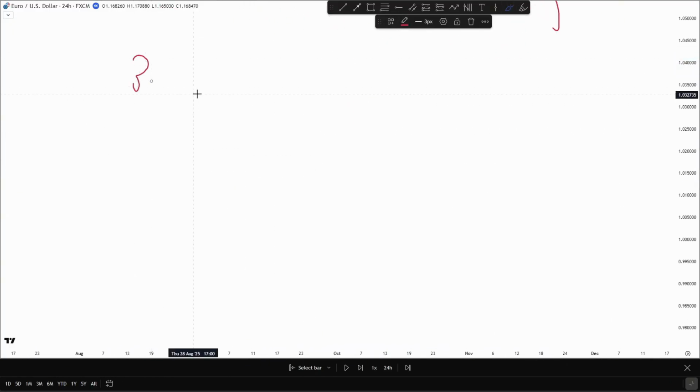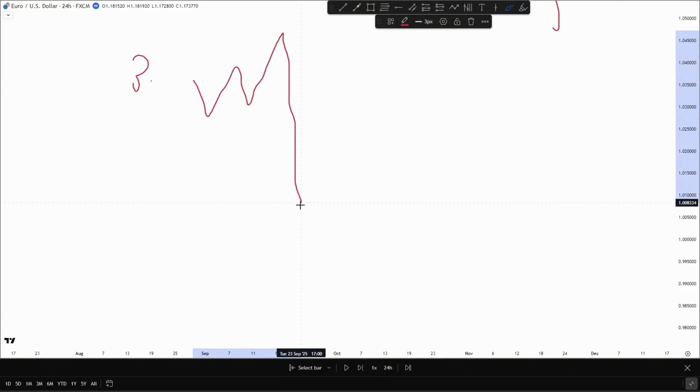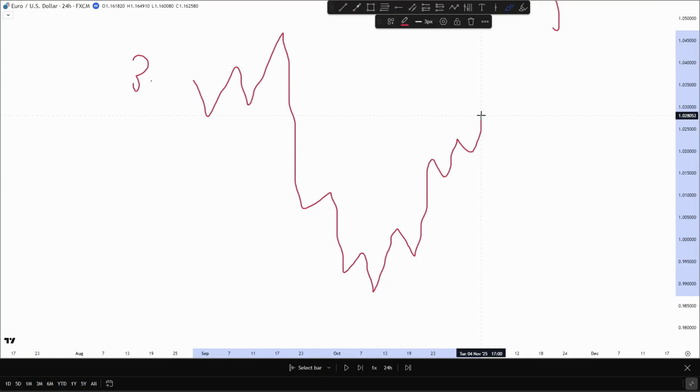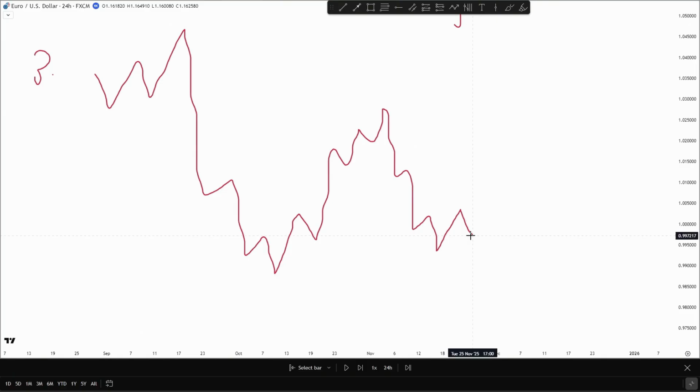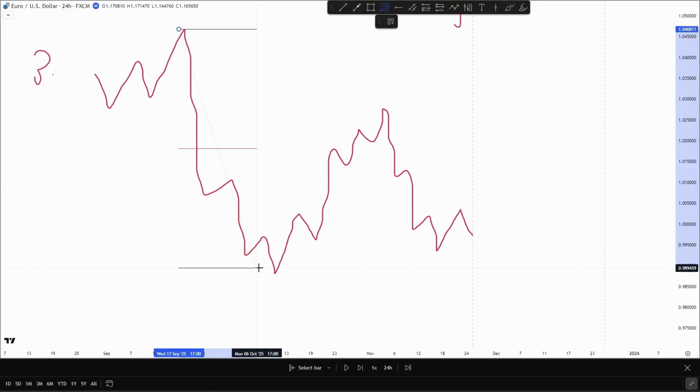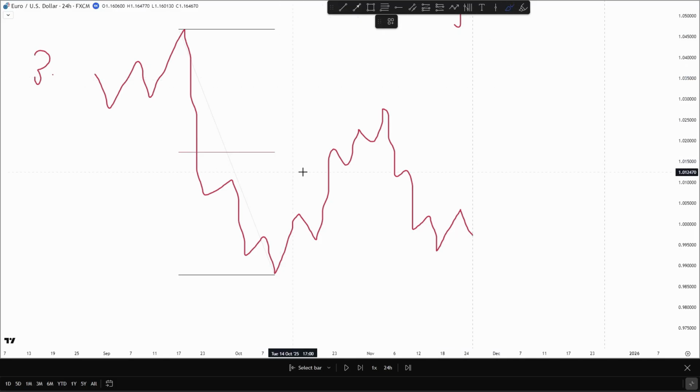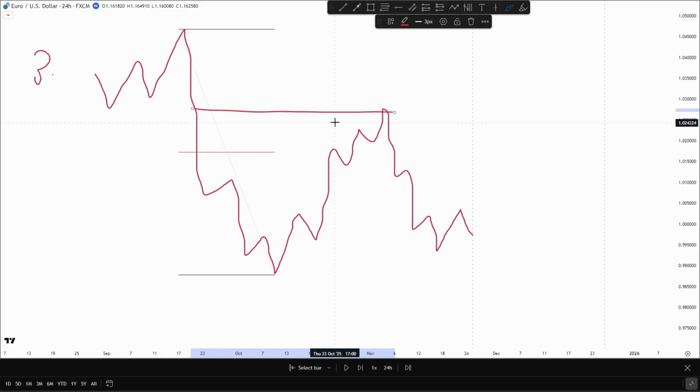The third scenario is that we've already rebalanced this dealing range last week, and we also tested a premium key level within it.